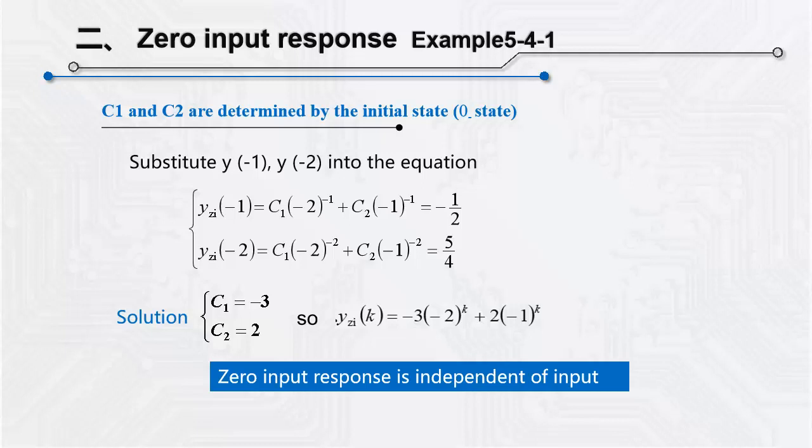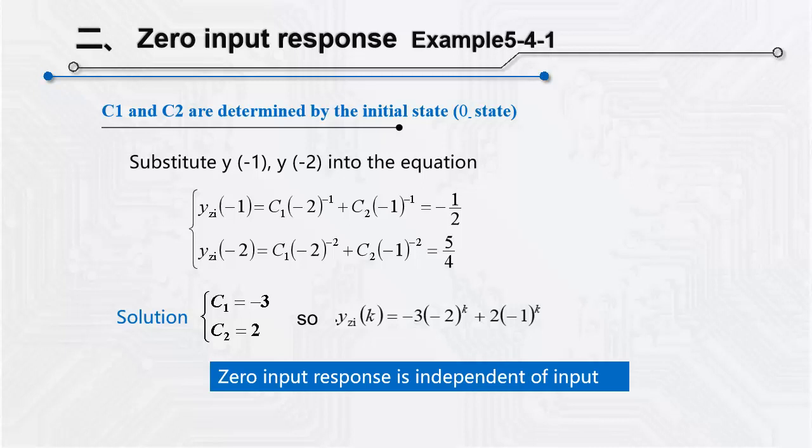Because before the additional excitation is applied, the zero state response part is 0, y(-1) and y(-2) are the same as yzi(-1) and yzi(-2). So we get a relationship that looks like this.